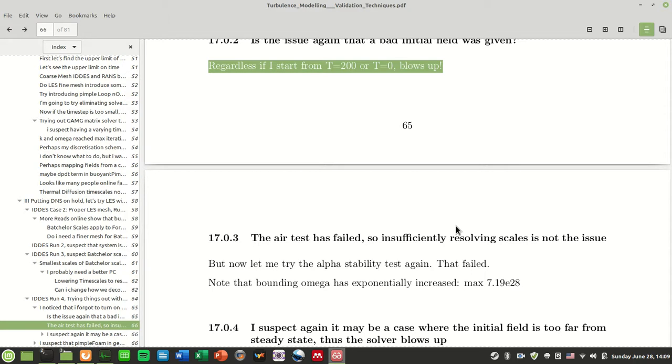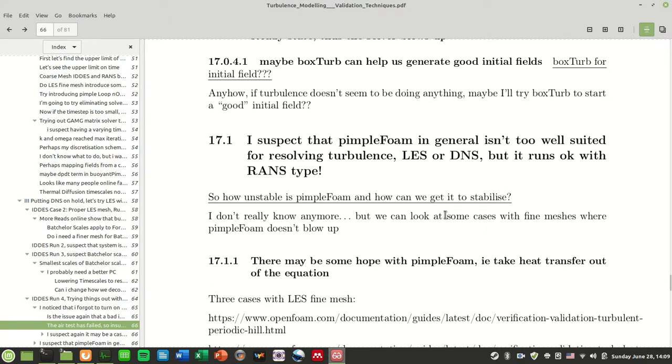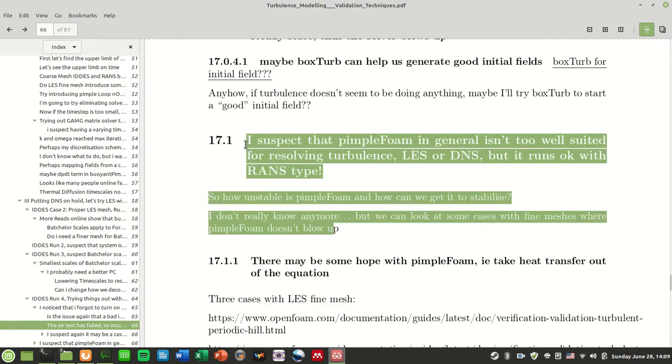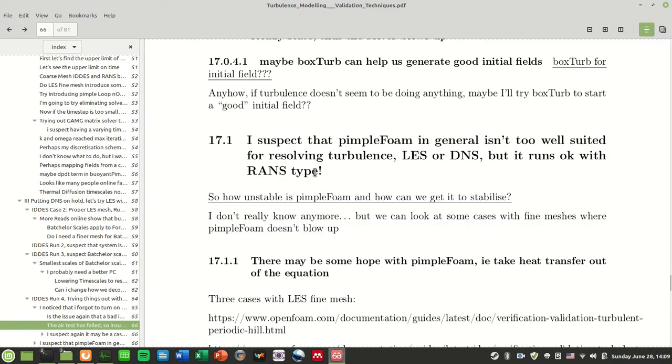Both times it failed. Okay. So next, I suspect that pimpleFoam in general isn't too well suited for resolving turbulence, LES or DNS, but it seems to run okay with RANS type. So that was my suspicion.